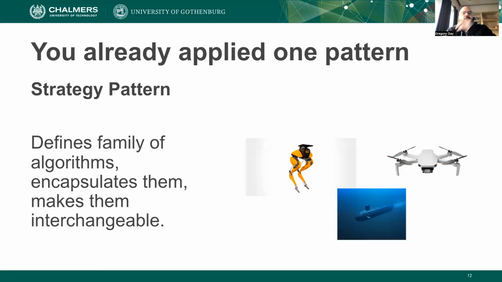And this is a pattern already, what's called the strategy pattern, where algorithms describe behaviors, and you implement them as separate classes, and you make them interchangeable by ensuring they offer the same interface and just get plugged in at runtime. Even within one robot, we could swap one form of movement for another while we're running.